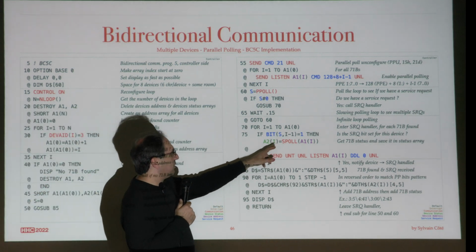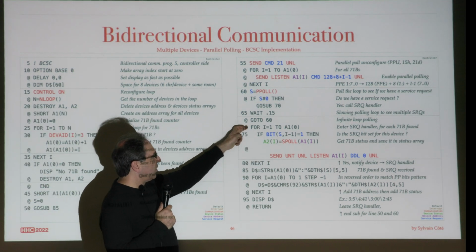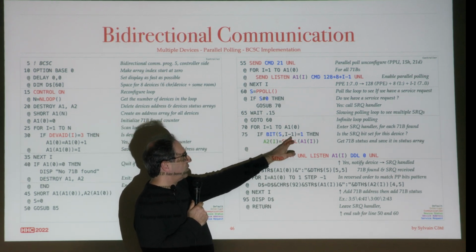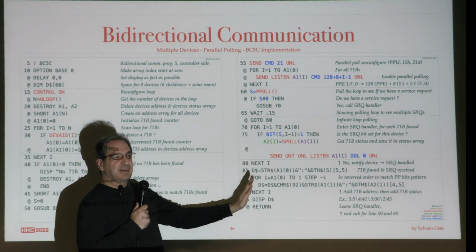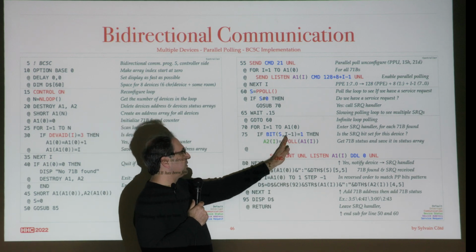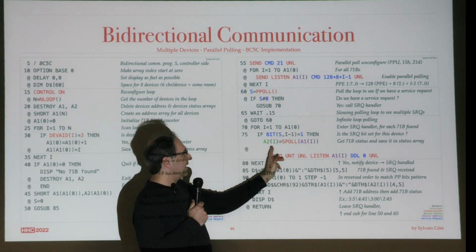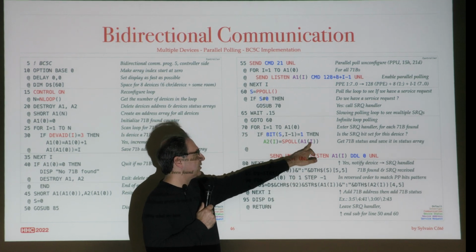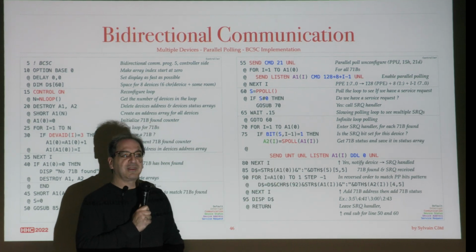So I'm receiving that, and then I'm going through, and for each bit, I'm checking which bit is set, and if the specific bit is set, I'm going to send a serial poll asking the status from the device based on this address.